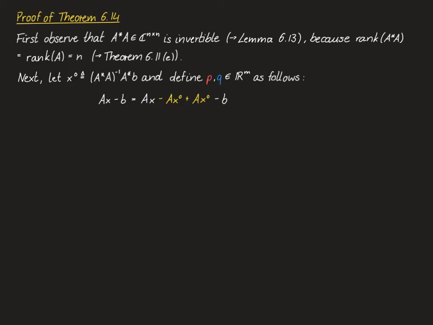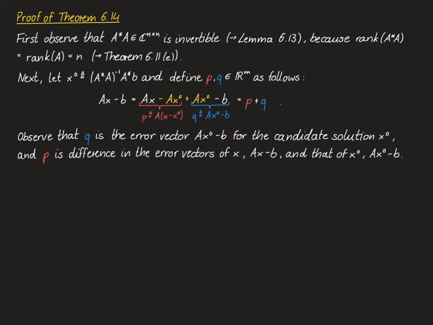Since the matrix A star A is invertible, our solution candidate from the theorem, which we call here x naught, is well defined, and we can define p and q as follows. We expand the difference of Ax and b by subtracting and adding the term A x naught, and then we define the first two terms as the vector p and the second two terms as the vector q, so that Ax minus b can be written as the sum of p and q.